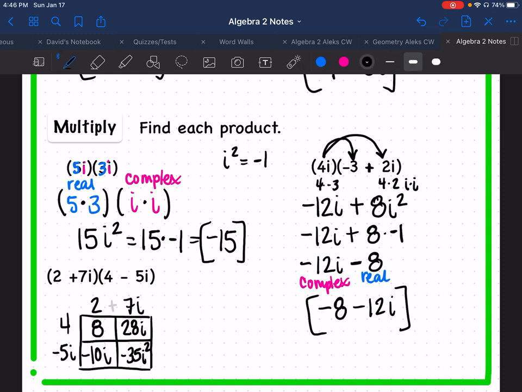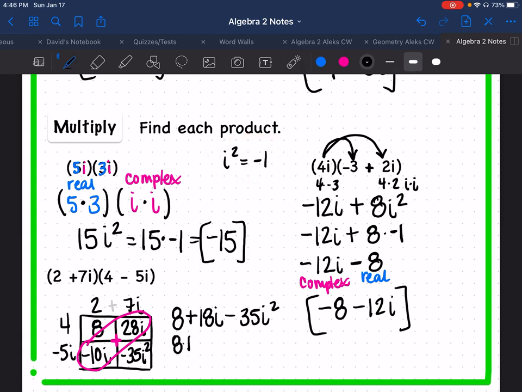So I'm going to start with the 8. Then I'm going to add these two together. Since they're both complex, I'll go ahead and do that. So 28 plus negative 10 would give me positive 18i, and then minus 35i squared. Now I just have to take care of my i squared and make it become negative 1.